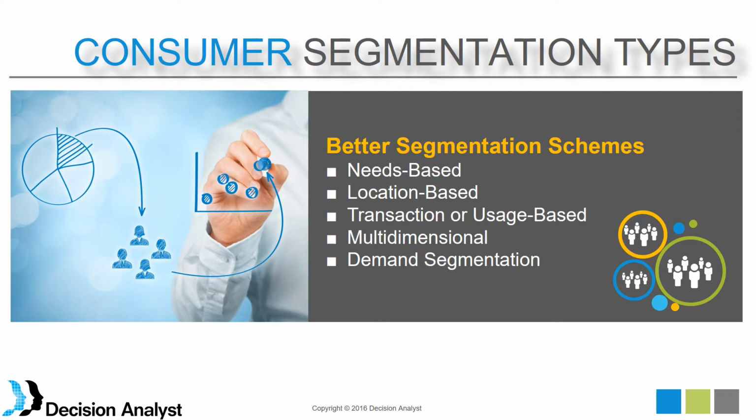This segmentation acknowledges the fact that as humans, we are complex creatures. So the same person can have multiple needs at multiple times of the day and use multiple products and services to address those needs.